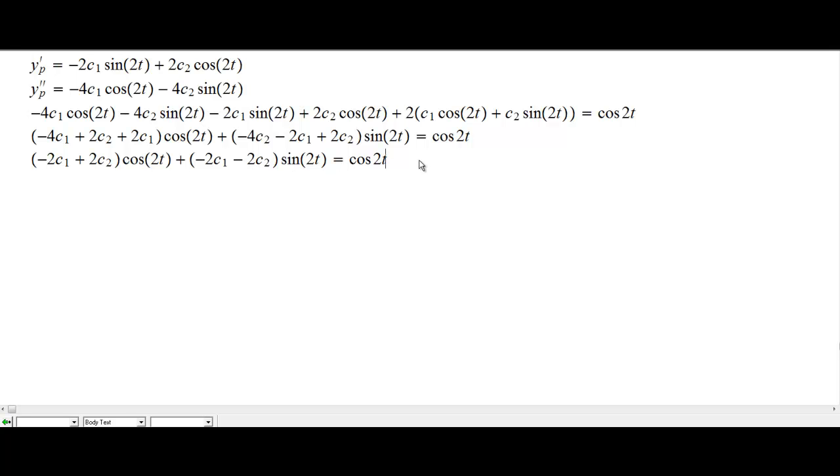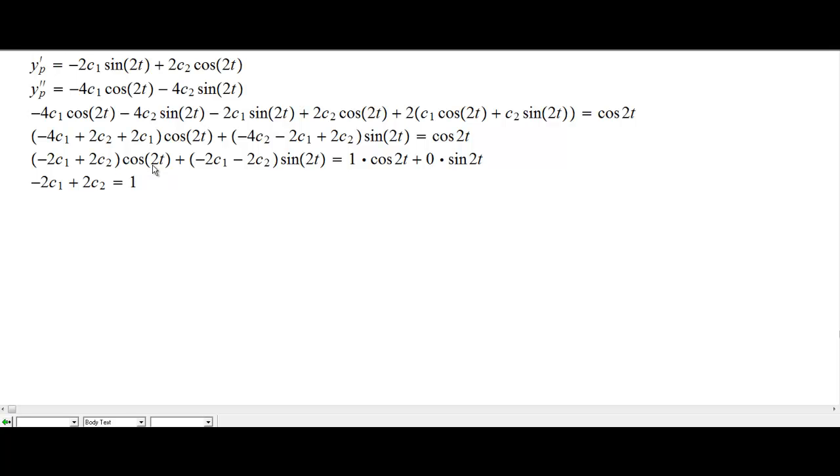Makes sense? Good. So if we compare the two sides, what do we get? We get that this equals how much? 1, won't it be 1? Because on the right hand side I have 1 times cosine 2t plus 0 times sine 2t. The way you solve for partial fractions is a similar kind of thing.